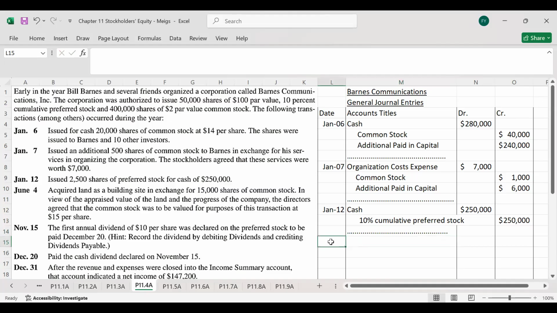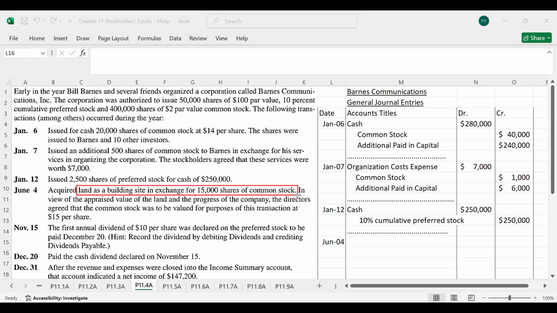On June 4, the company again issued some shares. Why? Because the company acquired land as a building site in exchange for 15,000 shares of common stock. Now, in this case, the company got land instead of cash.